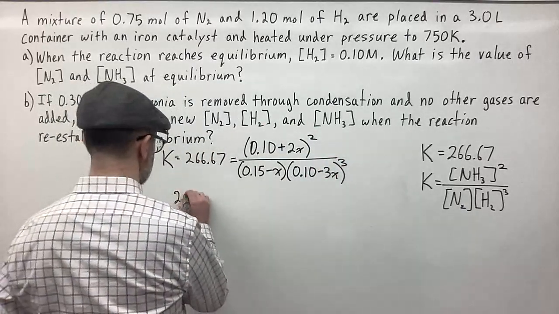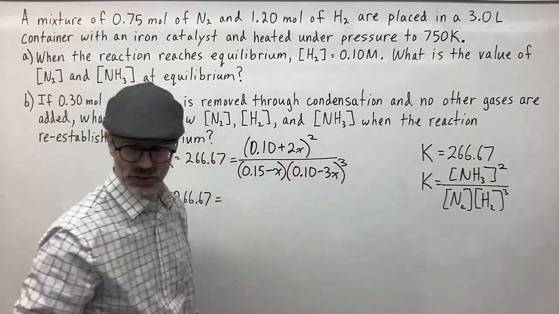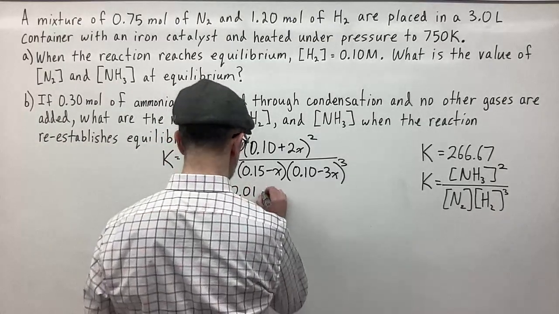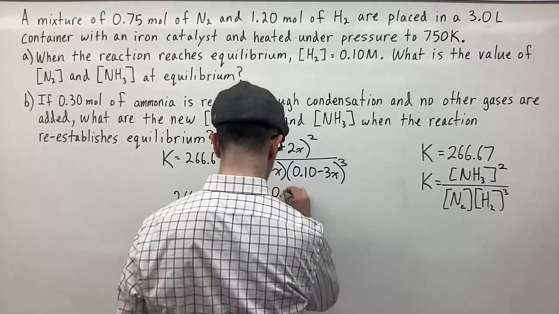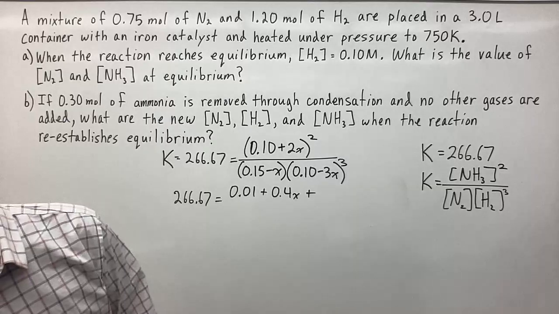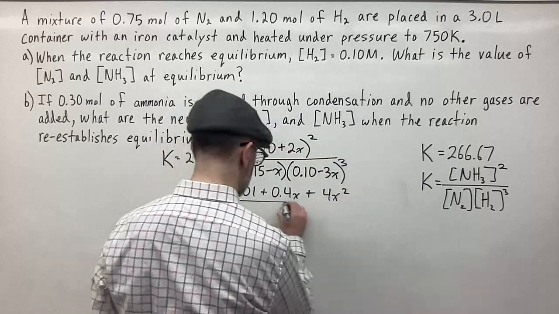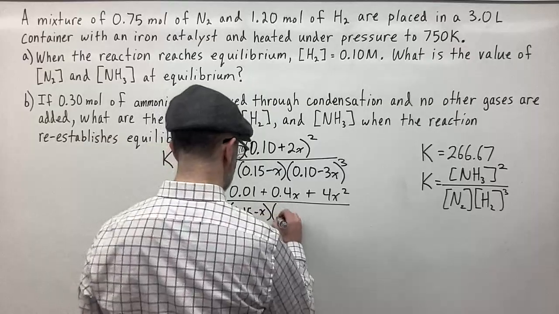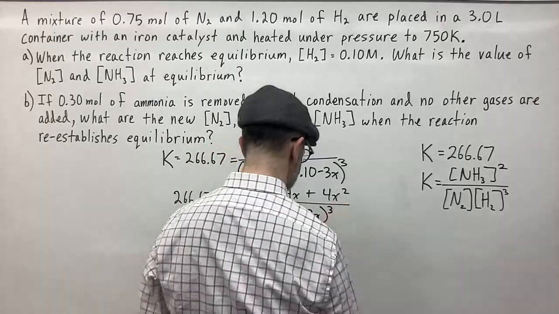So it's going to be 266.67 equals, and when you expand this, what I get is 0.01 plus 0.4x plus 4x squared, all over 0.15 minus x, and then you have (0.10 minus 3x) cubed.